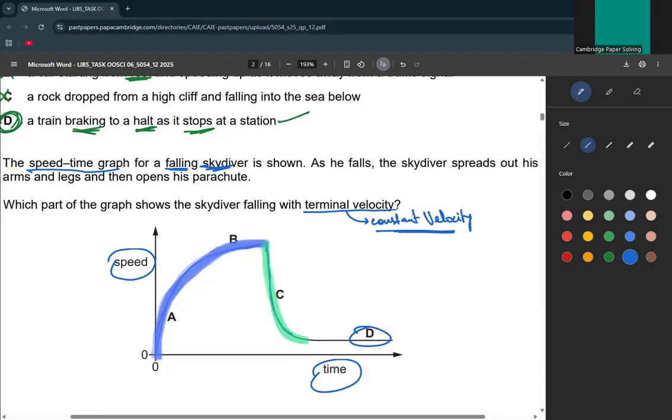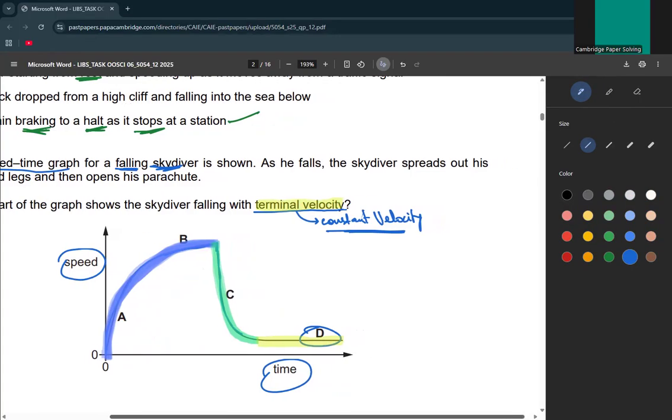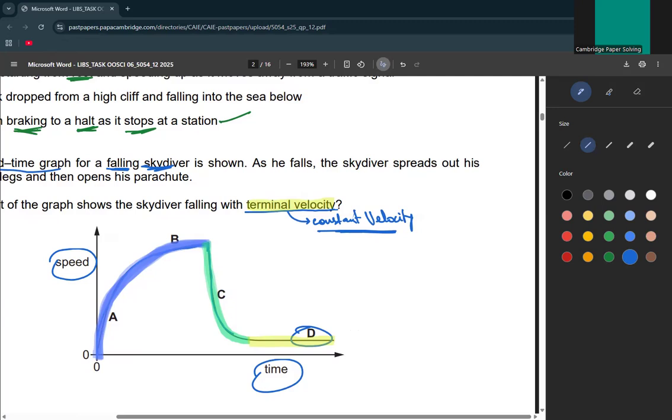Now let's get into the depth of this concept of terminal velocity. I'm going to do some annotations here.